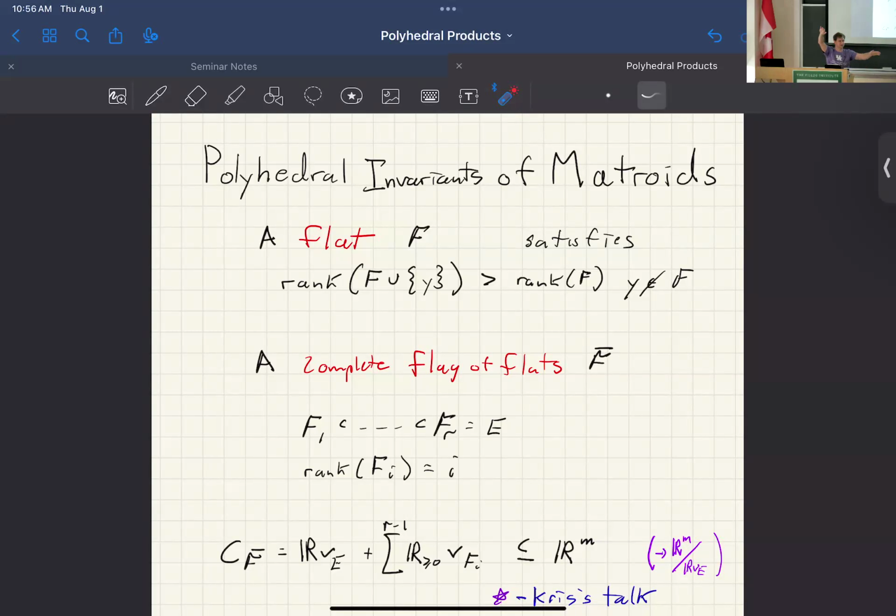By definition, if you added a new guy outside of that linear subspace, it would go up in dimension. That's the intuition behind a flat. And then a complete flag of flats is a collection of flats where all of the ranks are represented and they include each other in the way they should: an increasing chain of flats where the rank goes up by one on each step.